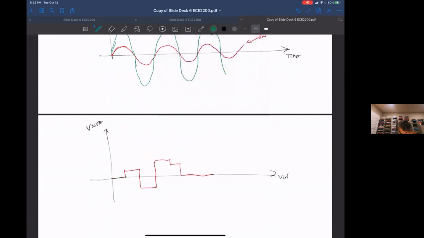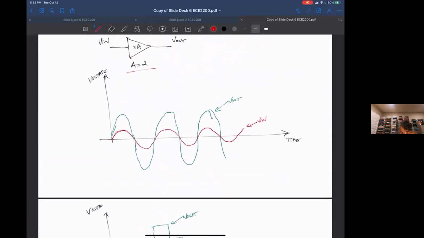So V out would just be Vin multiplied by a factor of 2, at every point. So basically, you're just multiplying Vin by 2 if my gain is 2, or generally A, which can be anything. It could be a gain of 1, 2, 10, you name it.